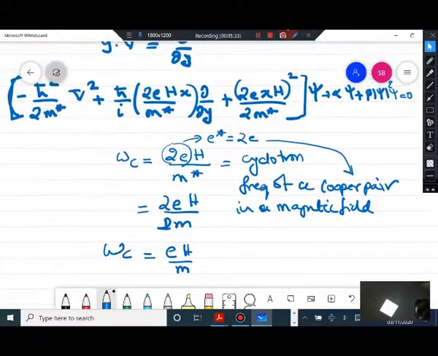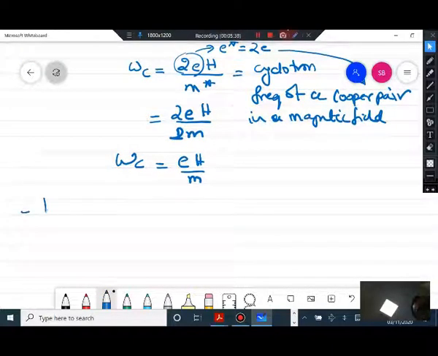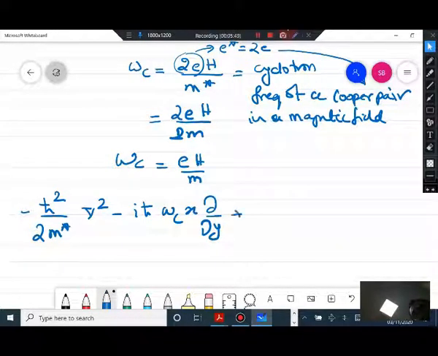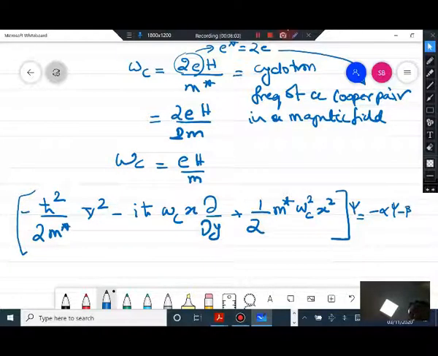Then the above equation can be simplified to minus h cross square by 2m star del square minus i h cross omega c x del by del y plus half m star omega c square x square, acting on psi, is equal to minus alpha psi minus beta mod psi square psi.